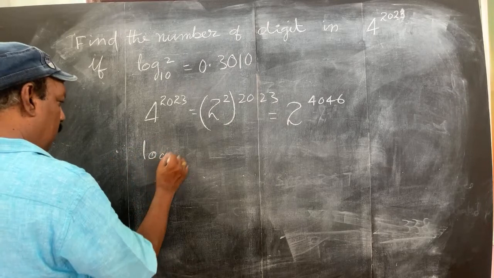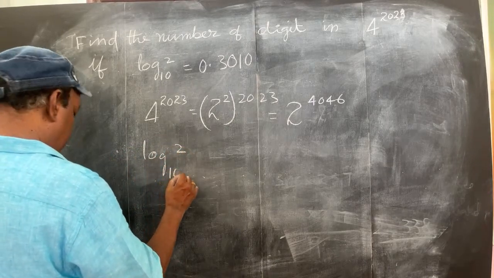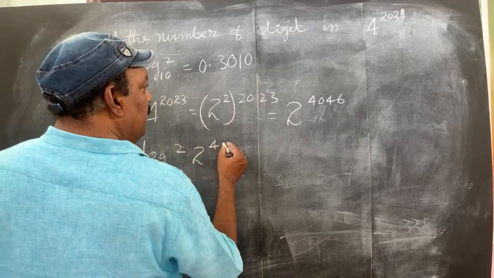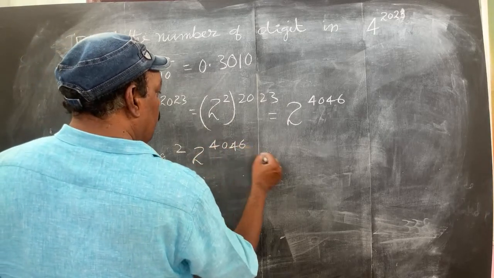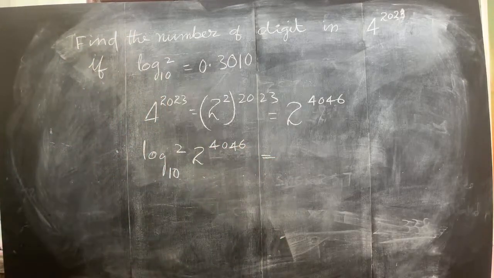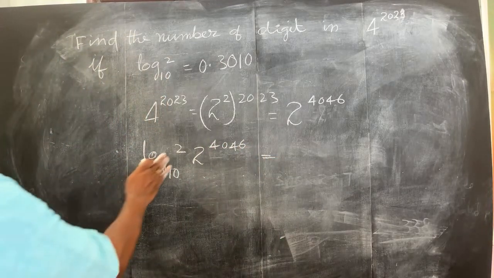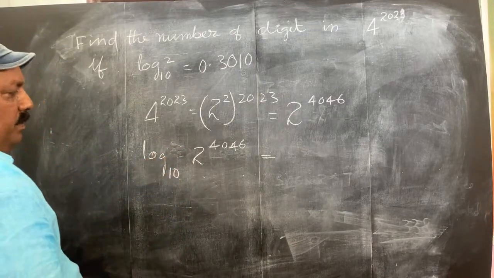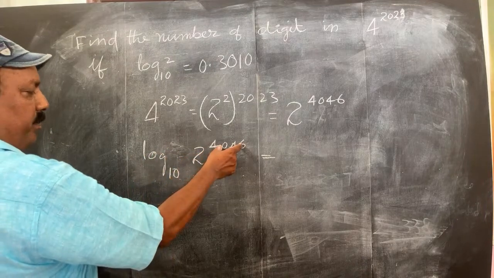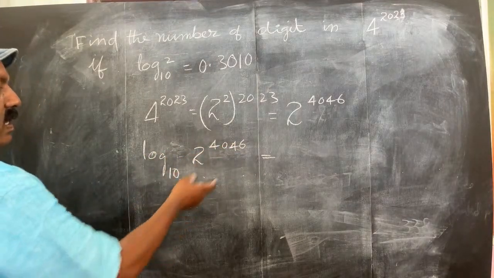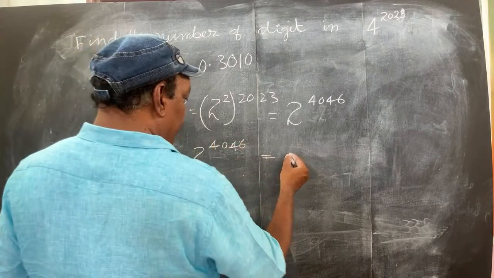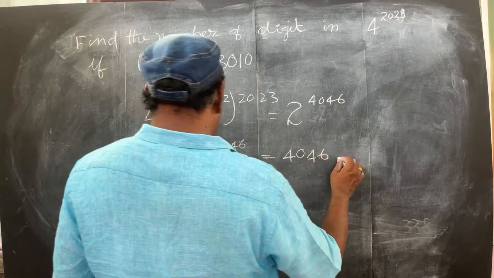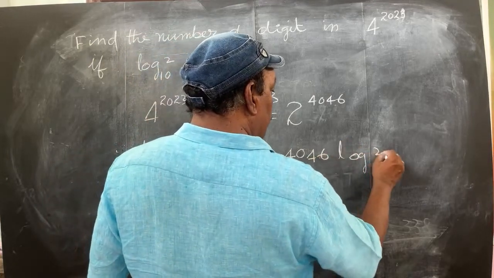Now according to the formula, log 2 to the power of 4046 base 10 is equal to, according to the formula number 3, log x to the power of m base 10, the power comes in front, so 4046 into log 2 base 10.